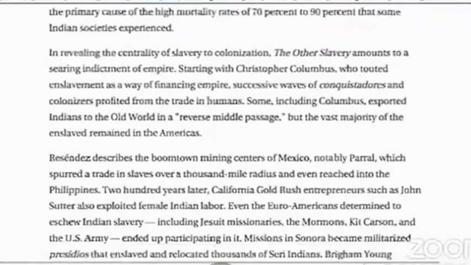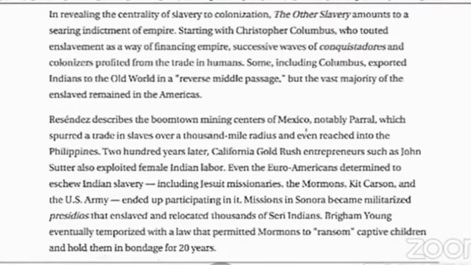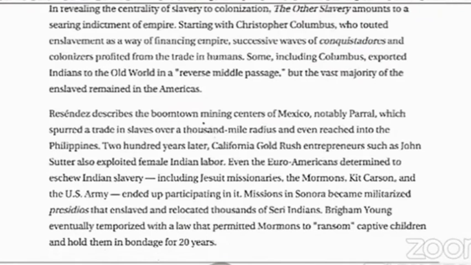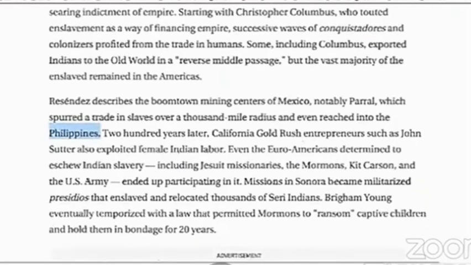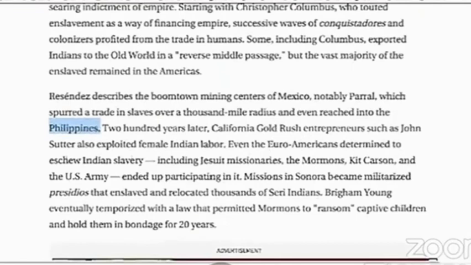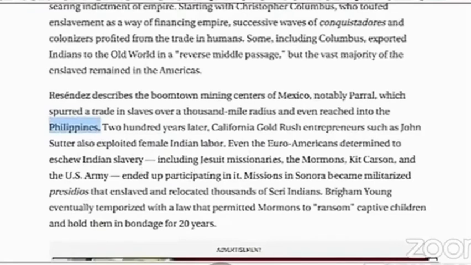Resendez describes the boomtown mining centers of Mexico, notably Parral, which spurred a trade in slaves over a 1,000-mile radius and even reached into the Philippines. 200 years later, California gold rush entrepreneurs such as John Sutter also exploited female Indian labor. Even the Euro-Americans determined to eschew Indian slavery, including Jesuit missionaries, the Mormons, Kit Carson, and the U.S. Army, ended up participating in it.